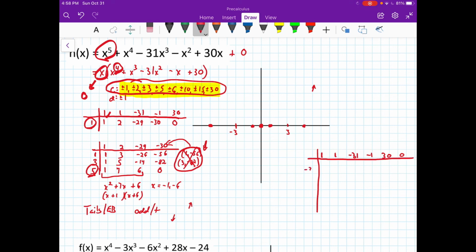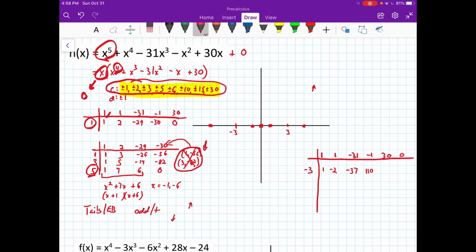So we're going to try -3. So bring down the 1. 1 times -3 is -3 plus 1 is -2. This will be -37. Well, we're getting up there already. 111, positive 111 minus 1 is 110.